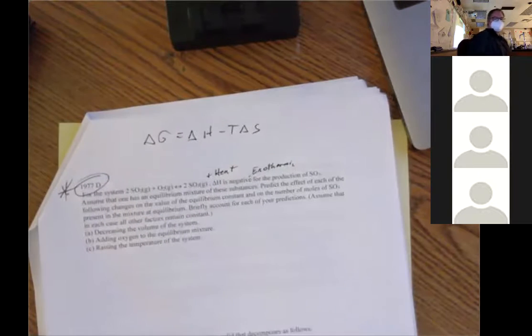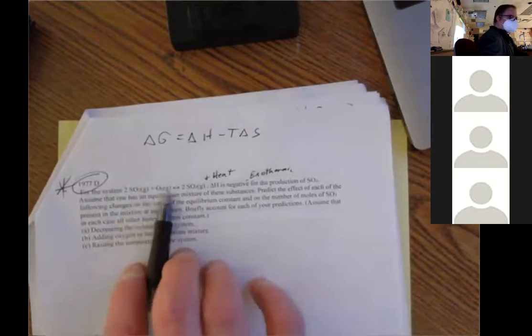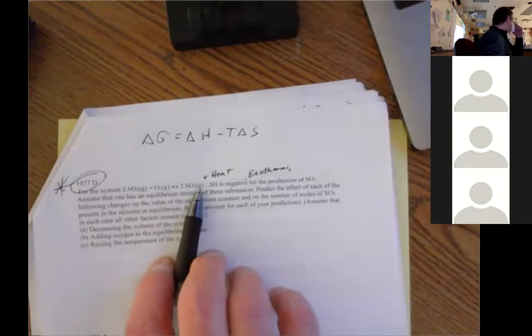Well, let's look at delta S real quick using our ideas. Delta S, is it becoming more or less random? So is entropy going to be going up or down? But all of these are gases. So what's our best case scenario? What do we base it on?